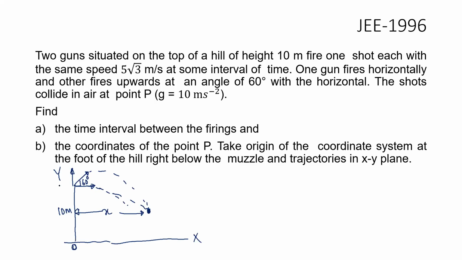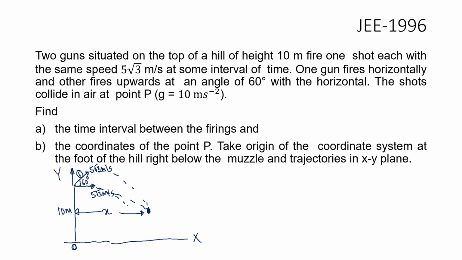But we can clearly see that because they're fired with the same speed, 5 root 3 meter per second, the horizontal component of the gunshot which is fired at an angle will be smaller. So that means obviously the one which is fired at an angle should be fired first.